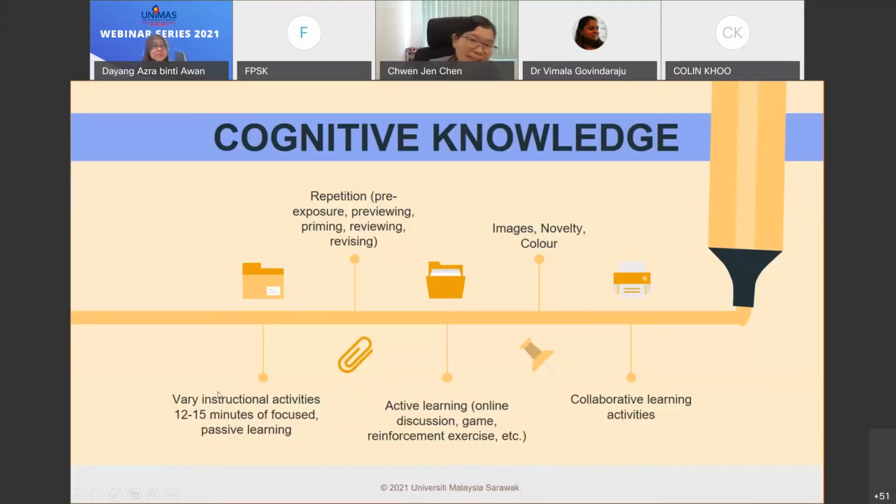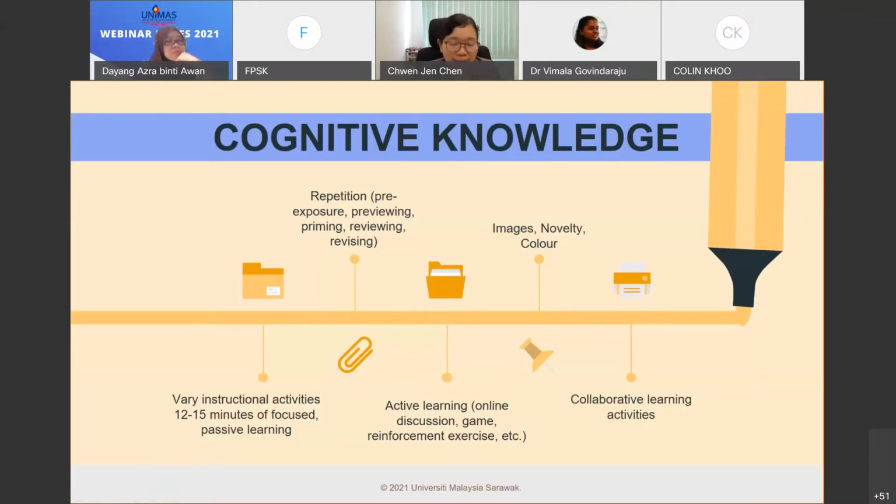So the next thing is the cognitive knowledge that I mentioned just now. There are four things here whose ideas maybe we can adopt, because these are strategies derived from research studies.